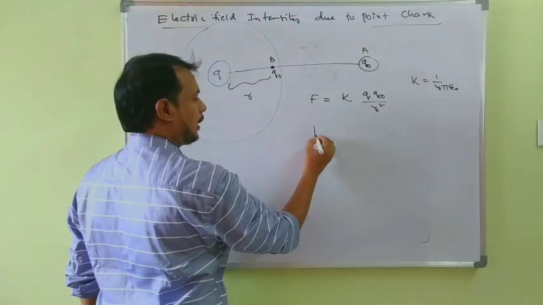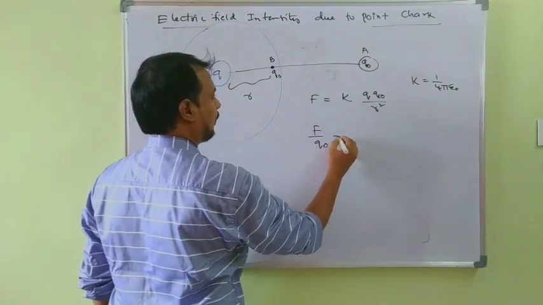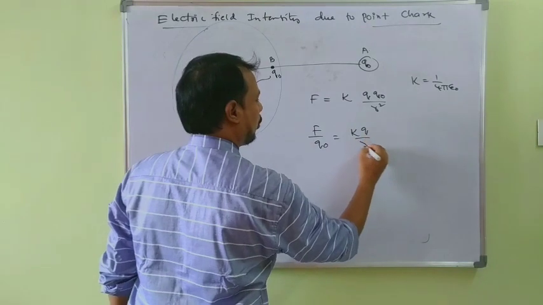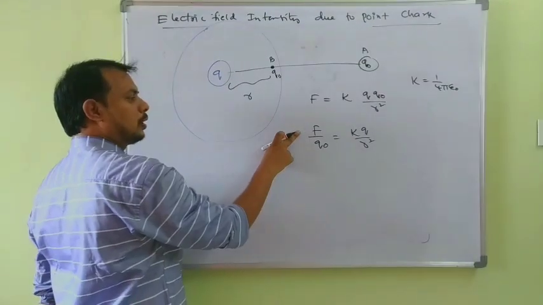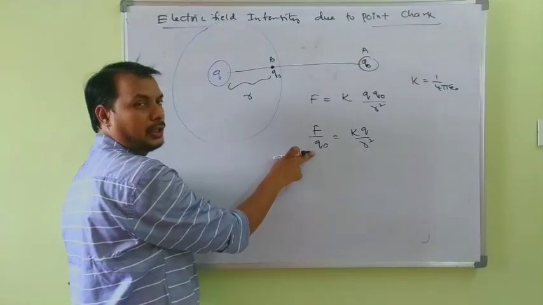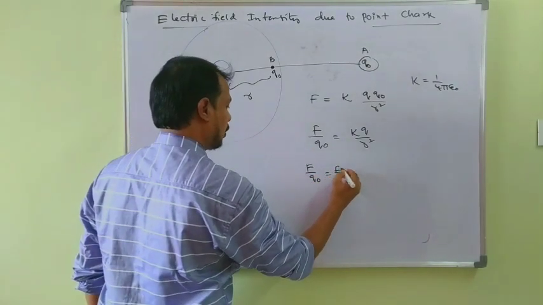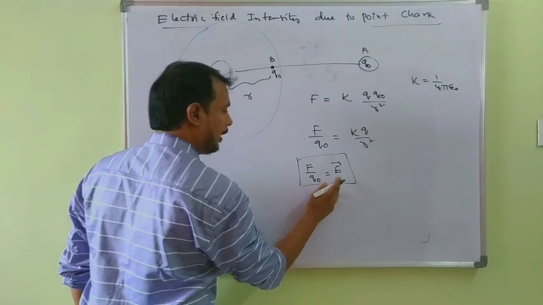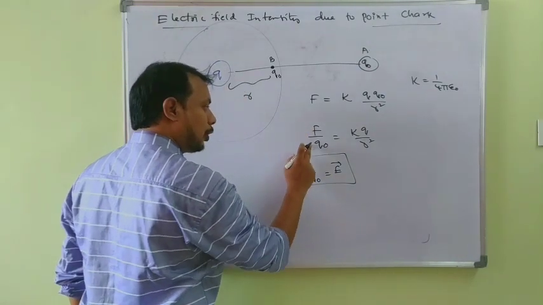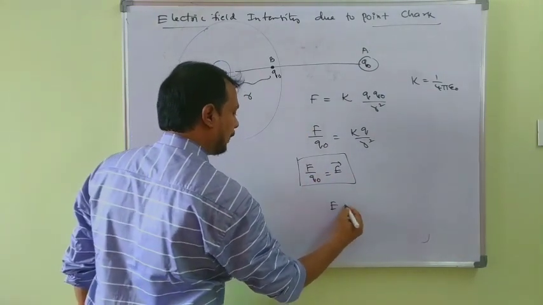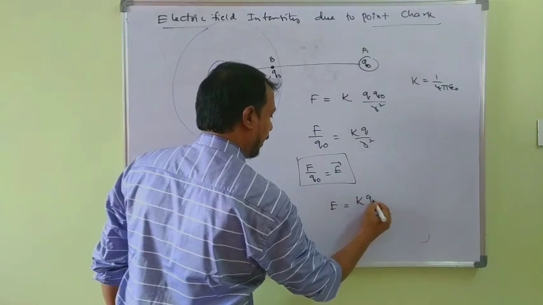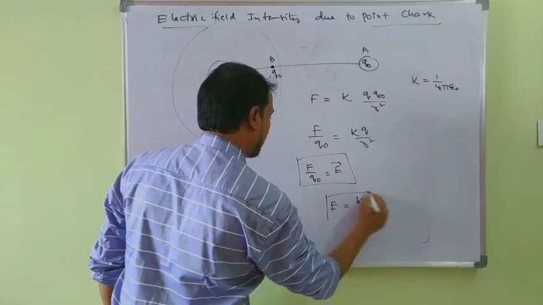Now bring Q naught to this side: F by Q naught equals K Q by R square. Force acting per unit positive charge is nothing but electric field intensity. So F by Q naught is replaced with E equals K Q by R square.